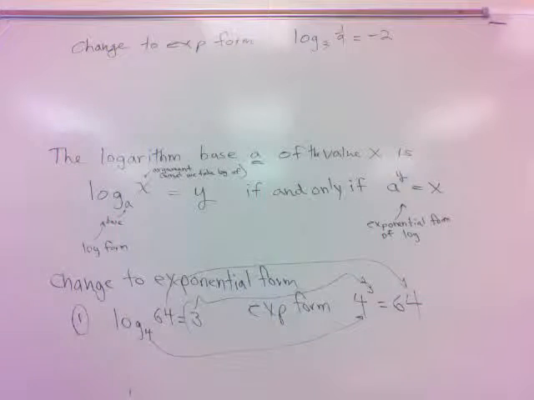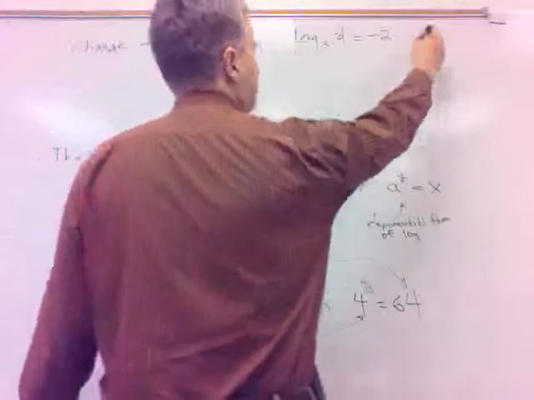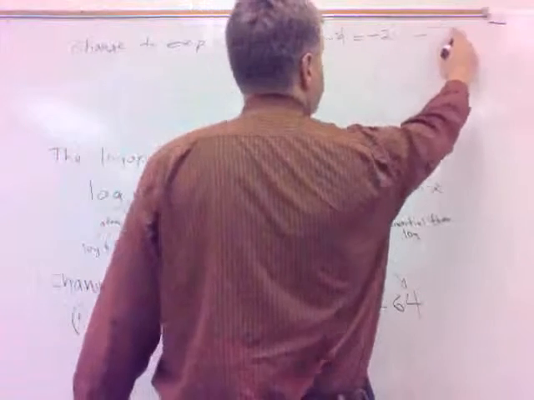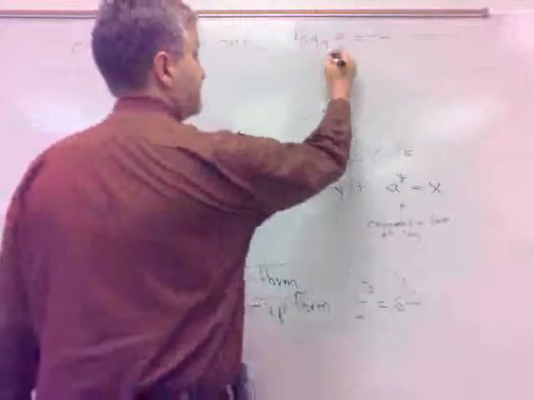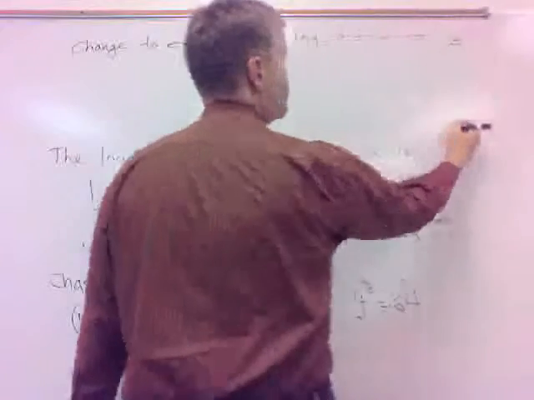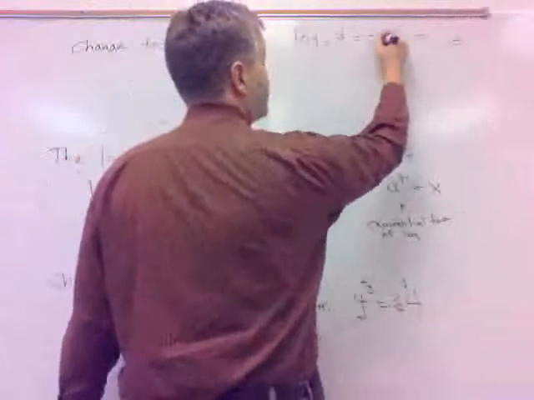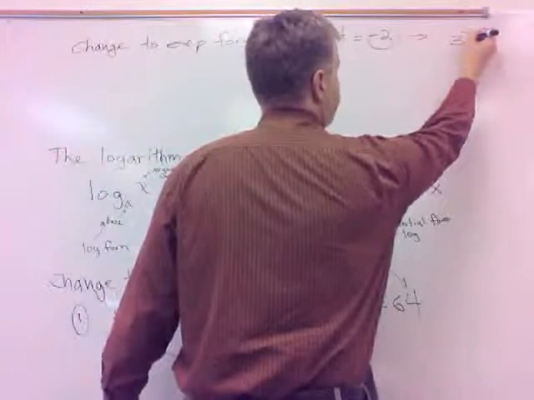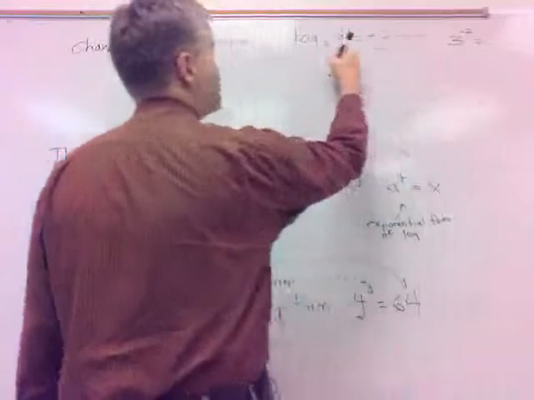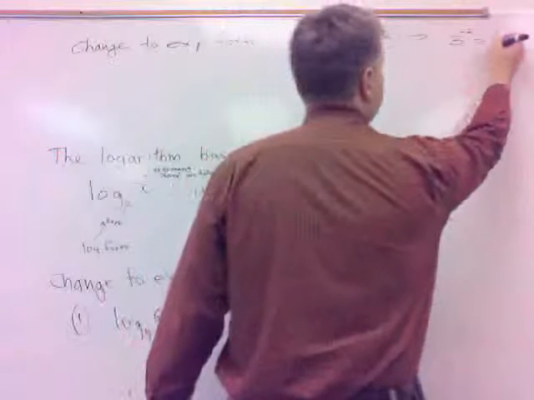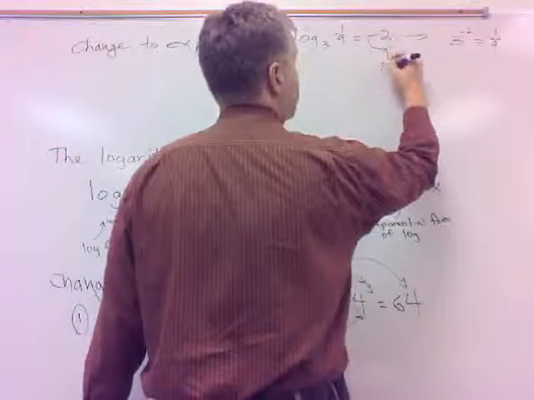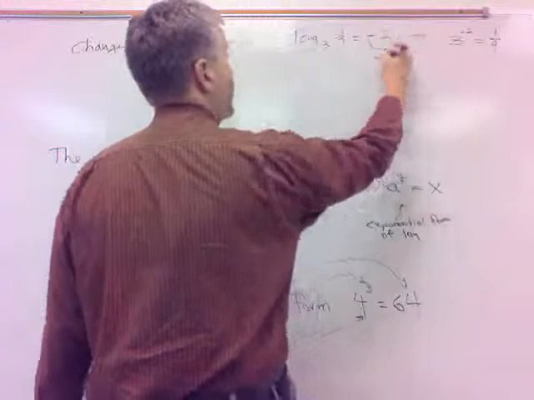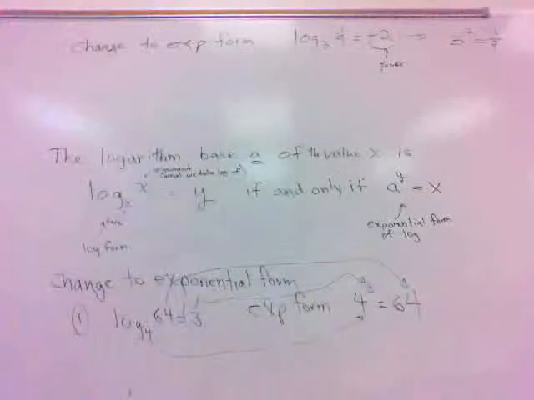So in the exponential form, the base is 3, so that's the base. What's the power? Well, the power is this number right here, 3 to the -2. That equals 1/9. So this is the power, and this is what 3 to that power equals. Okay?